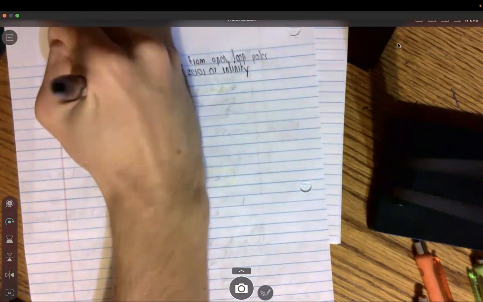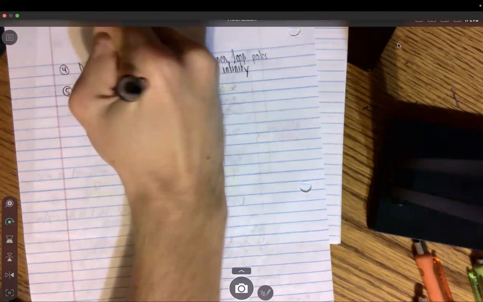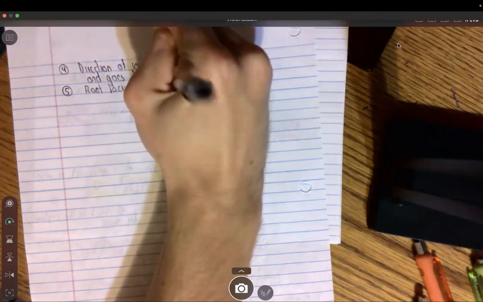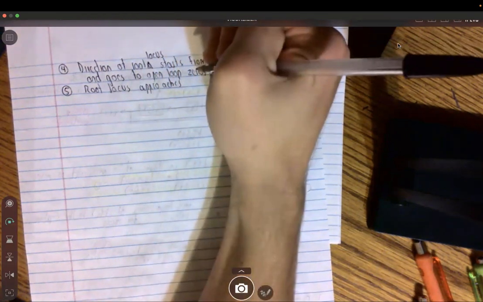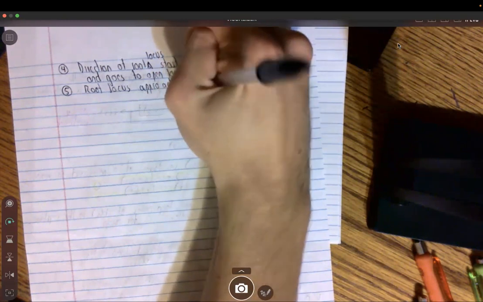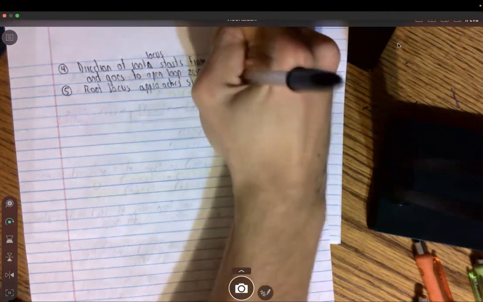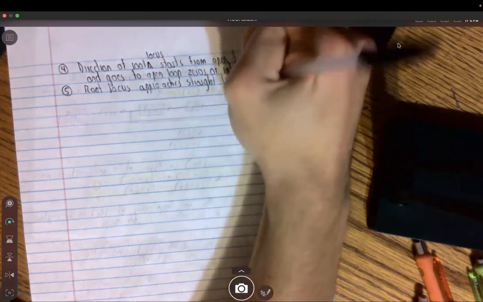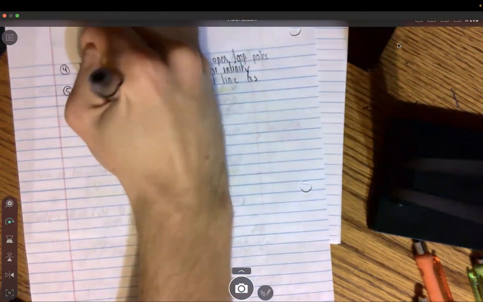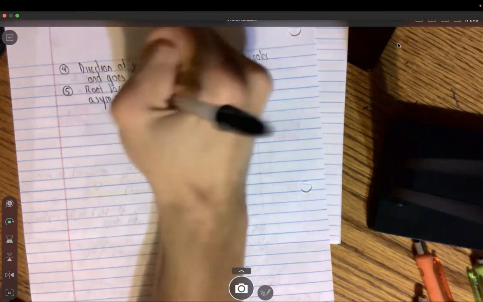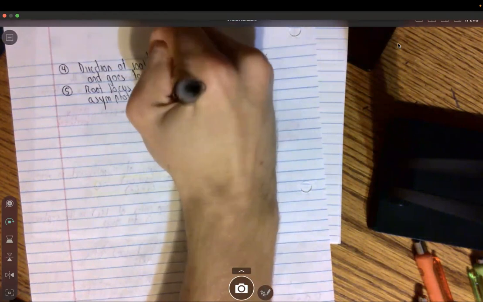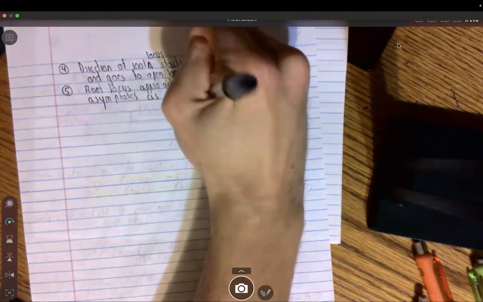The root locus approaches straight lines, so it becomes like a straight line, as the asymptotes as the locus approaches infinity.